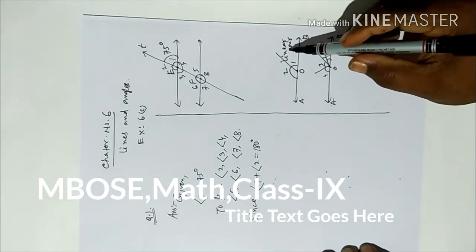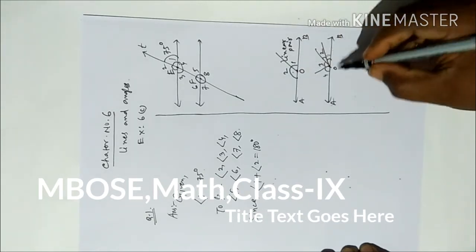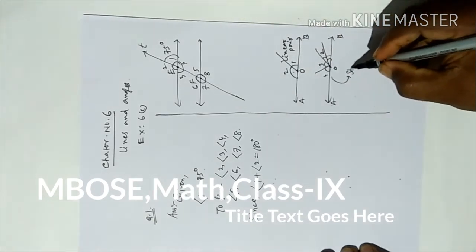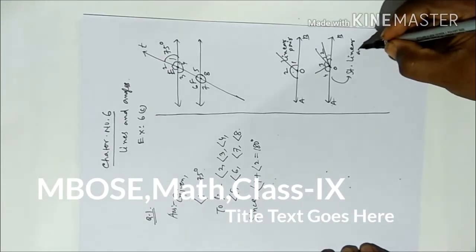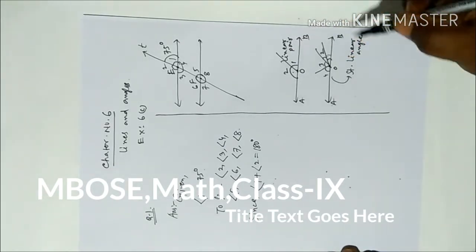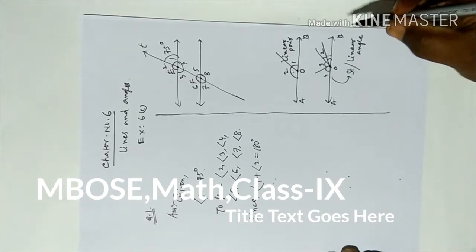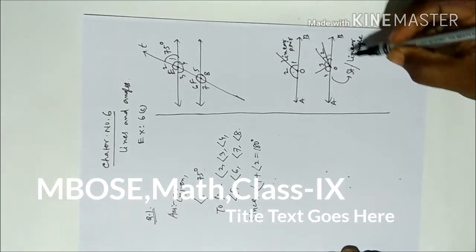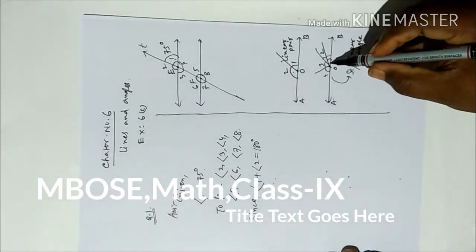For a linear pair there are only 2 angles, but for more than 2 you can write linear angle. I hope you understand the difference between linear pairs and straight or linear angles. In a linear pair there are only 2 angles, but a straight or linear angle forms more than 2 angles.